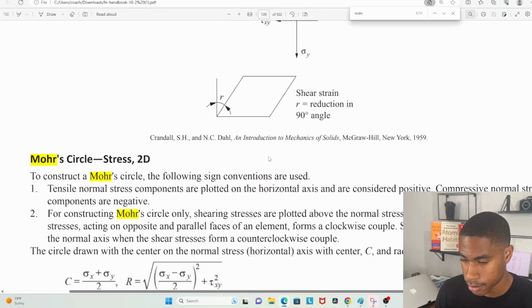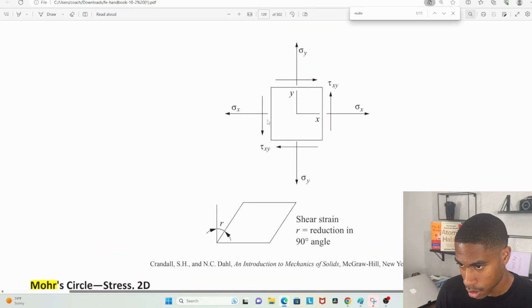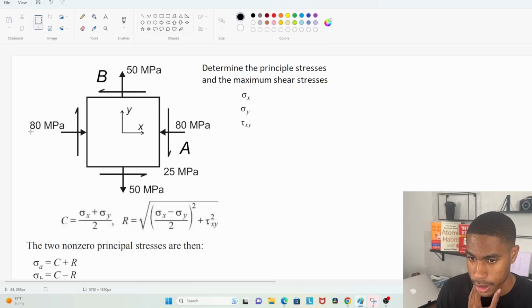Looks like from our diagram, the normal stress X is pointed inward and is 80 megapascals.